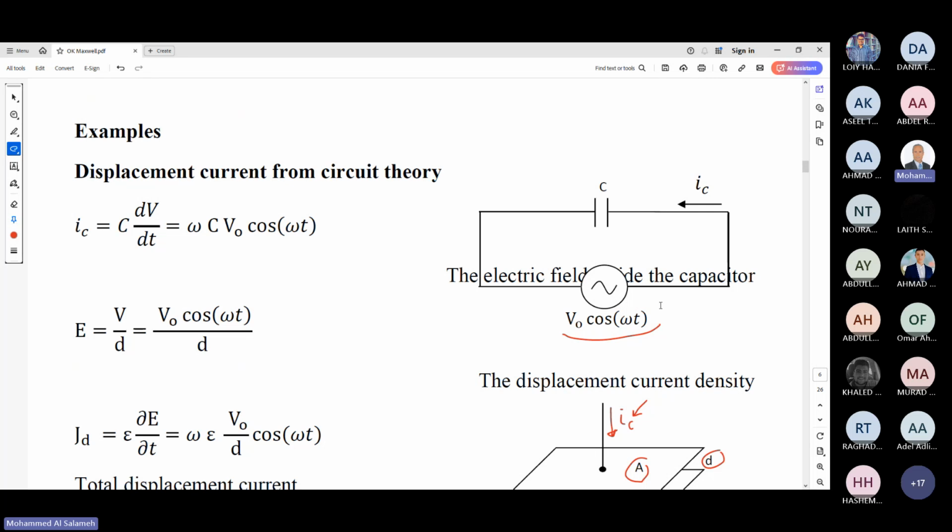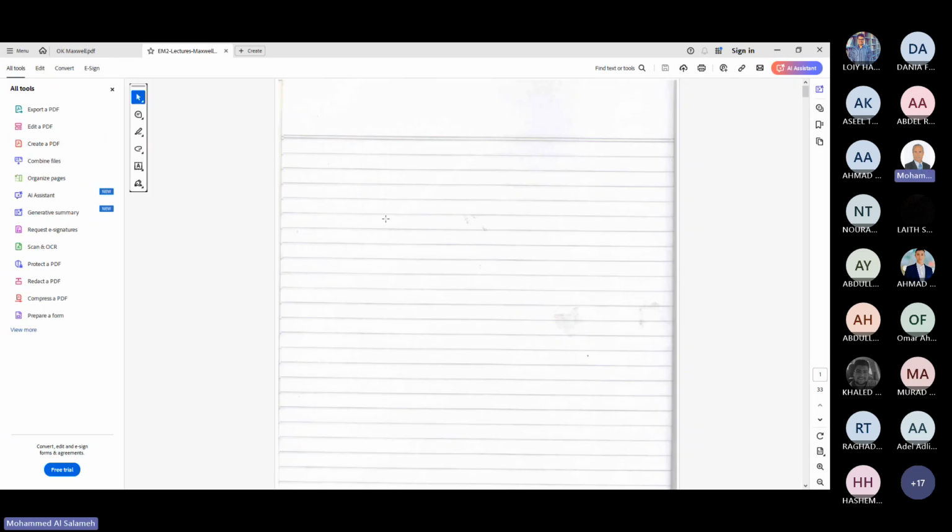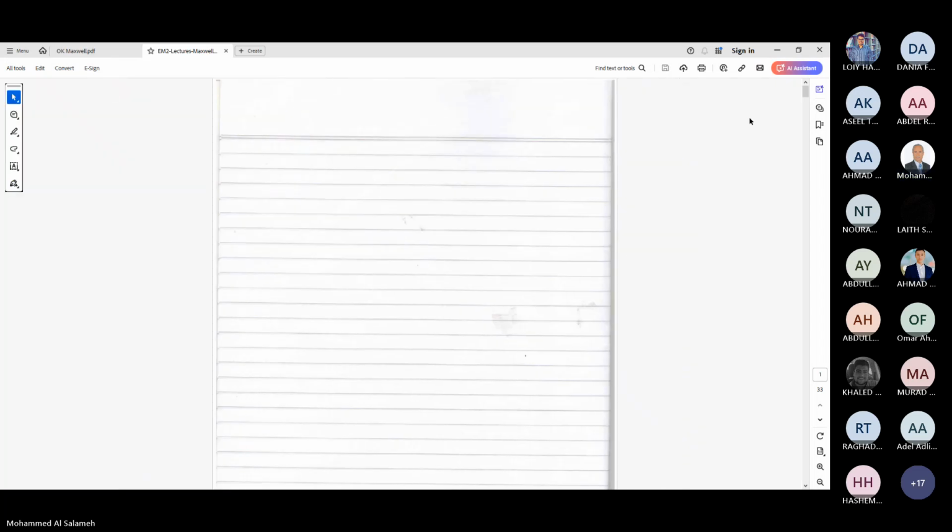This should be sine, unless, for example, maybe this was sine and this cosine. I will see the original file. I have the original file here. This is Maxwell's equations. Wait a minute. Okay, just let me see this. We have another file.